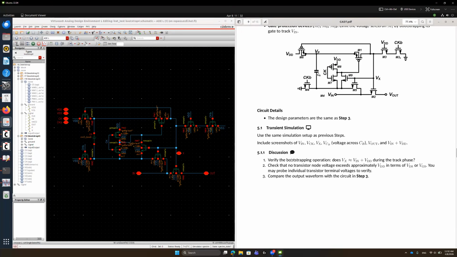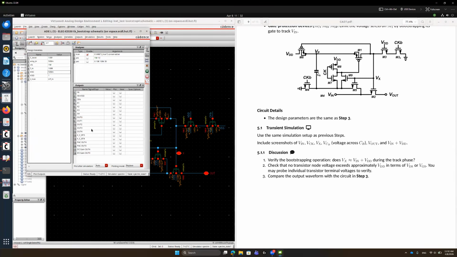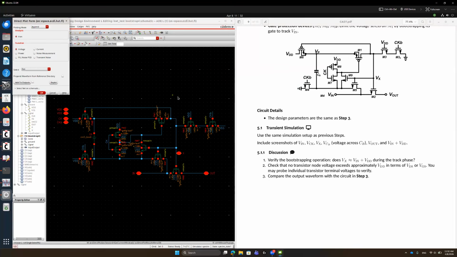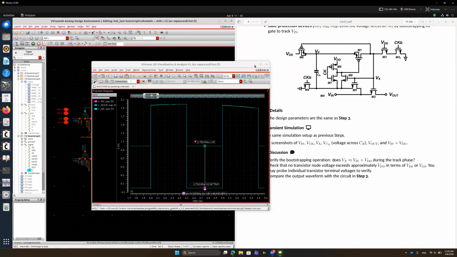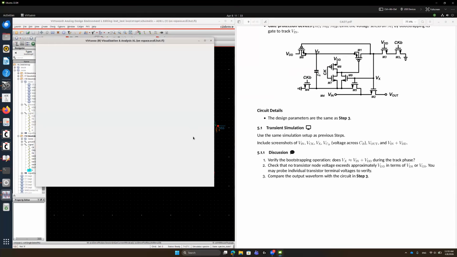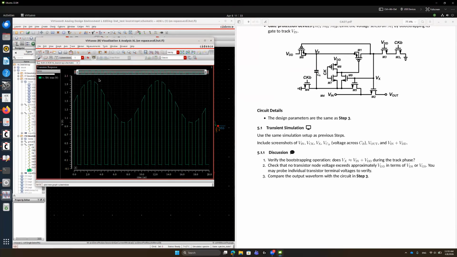So verify the bootstrapping operation. Okay, because I have already learned the simulation, including step 1, 2, 3, 4. So let me check VX first. Then close it and open it again. The VX node, yeah, this is boosting correctly.